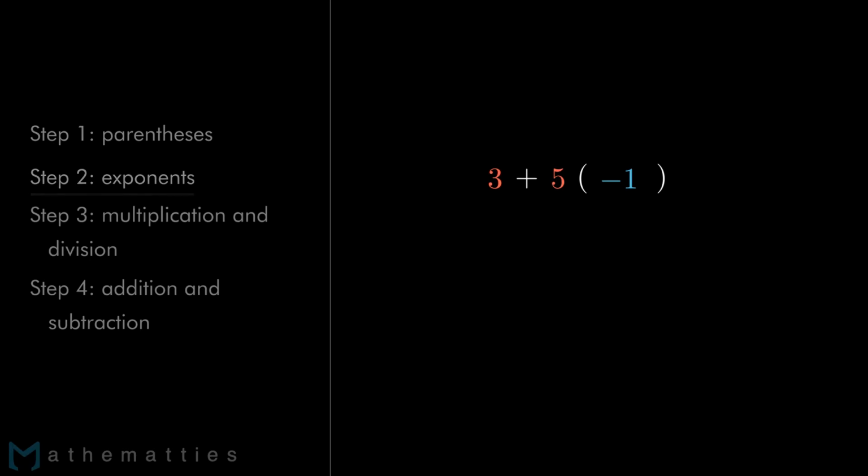No exponents, but we do have multiplication. If you haven't worked with parentheses a lot, this might seem a surprise, but if there's no operator sign, such as a plus or a minus or a dot, we interpret the number in front of the parentheses as a multiplication with whatever is inside. So in this case we have 5 times minus 1, which is minus 5.